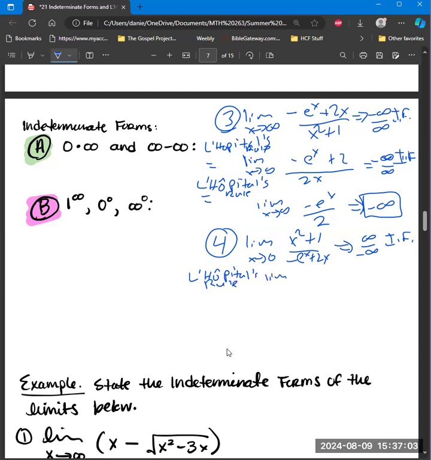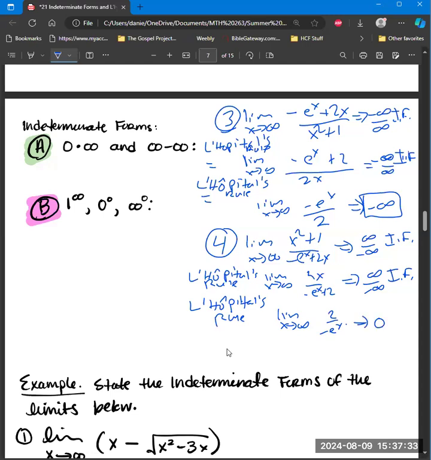And this is going to be limit as x goes to, this is not 0, this is infinity, of 2x over negative e to the x plus 2, which is still going to infinity over negative infinity, an indeterminate form. But I'm going to use L'Hopital's rule again. I'm going to get limit as x goes to infinity of 2 over negative e to the x. And that's going to go to 0, just like I expected, because the top is growing slower than the bottom.